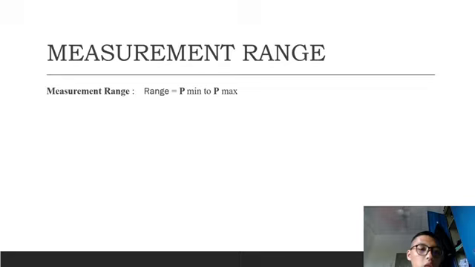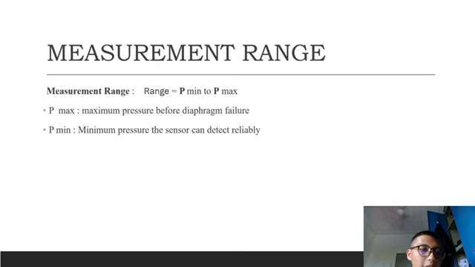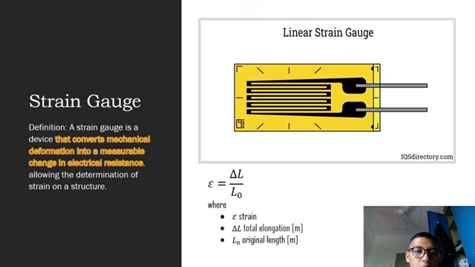The measurement range has a specific formula: range equals P min to P max. P max is the pressure before diaphragm failure. P min is the minimum pressure the sensor can detect reliably.